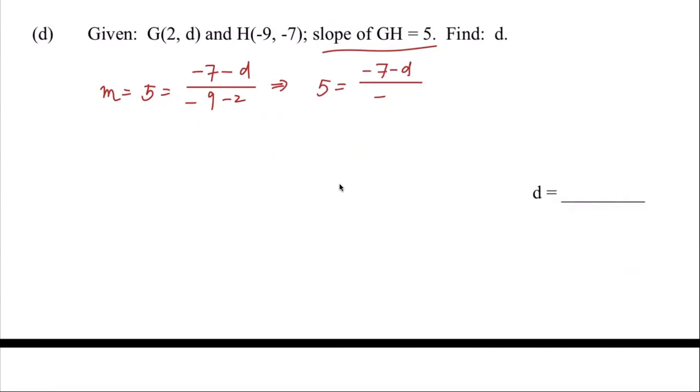That's -11, so this gives us -55 is equal to -7 minus d. And this gives us d is equal to 55 minus 7, which is equal to 48.